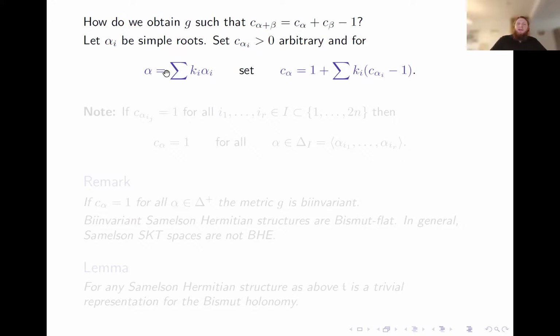So you can decompose them, and this condition tells you exactly how to define C_alpha for any root alpha, and it's just in this way. So the only choice we have is fixing the C_alpha on the simple roots.